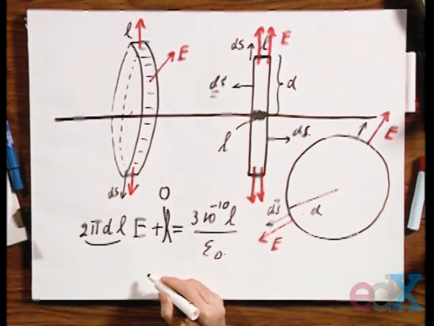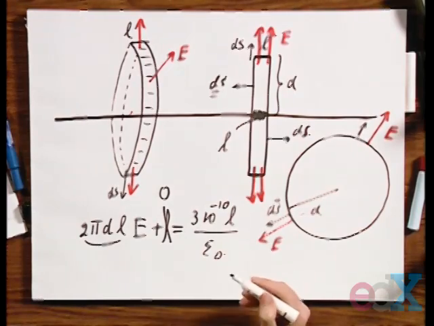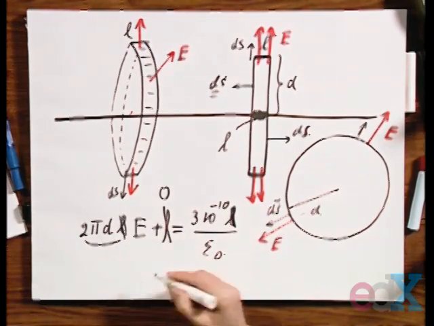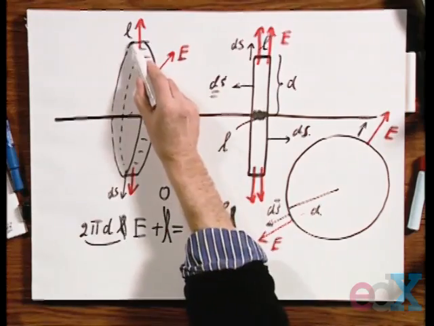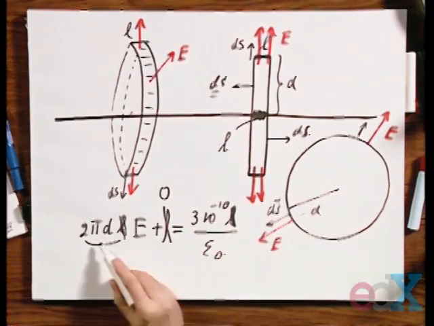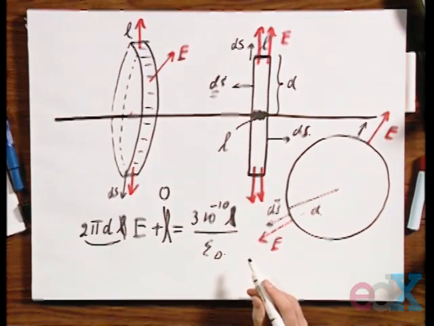And so you'll find immediately what the E vector is, and what do you see? The L, of course, cancels, because nature couldn't care less how wide you take this cylinder. And if you work this out, you will see that you find exactly the same result as you had before.